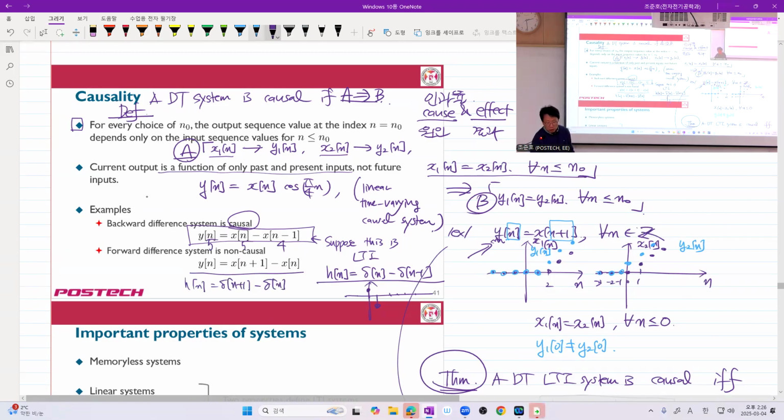And if you draw it, what do you have? You have 1 here and negative 1 here, which is not a causal signal. So this system, if it describes the input-output relation of a DT LTI system, is not a causal system. Got it?